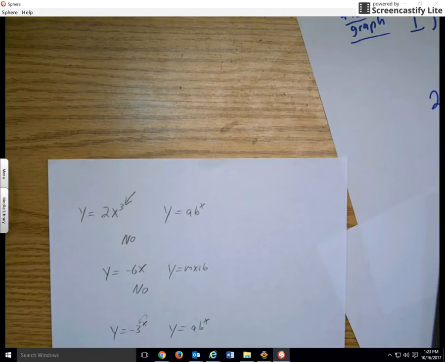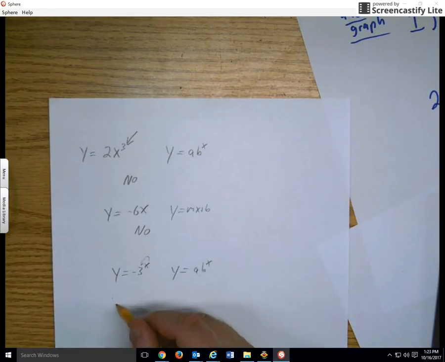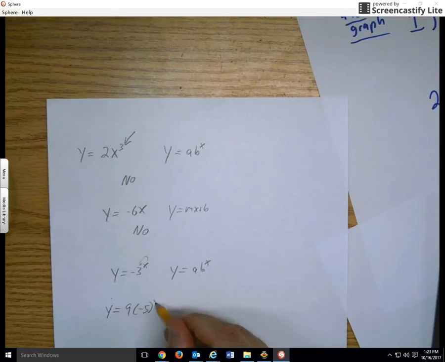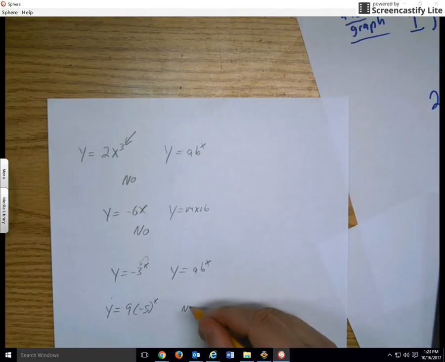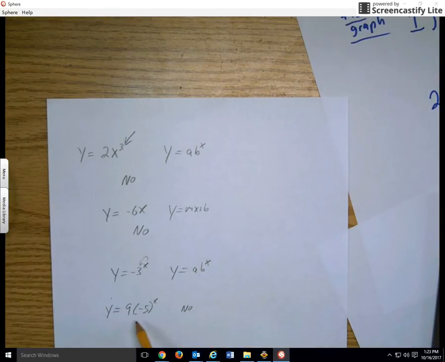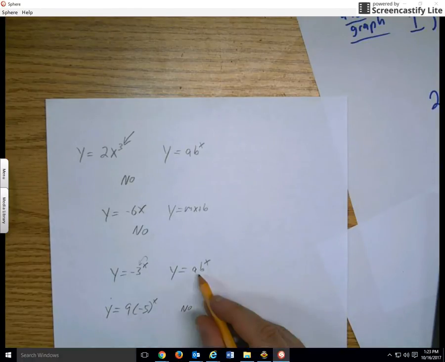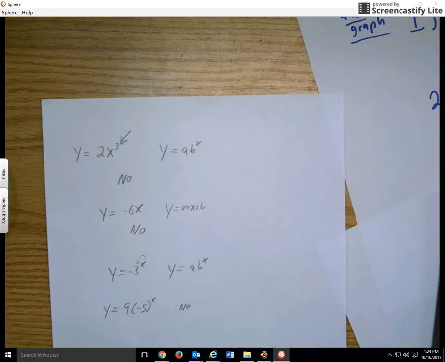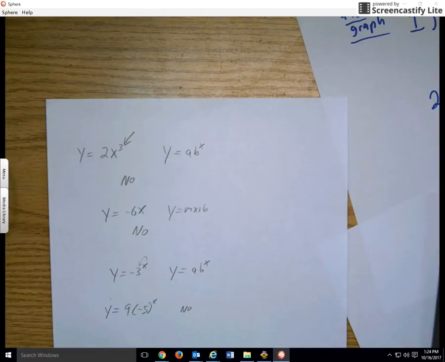One more. What about y equals 9 times negative 5 to the x power? Is that one in exponential form? The answer is no. Remember, it's all correct except that the b cannot be negative. In this case, the b here, a negative 5, is a negative, so it's not in exponential form.